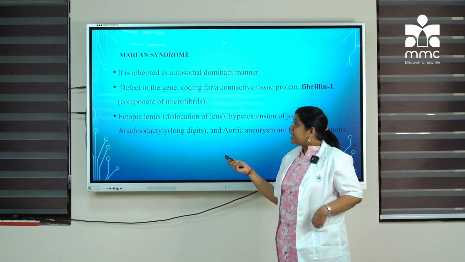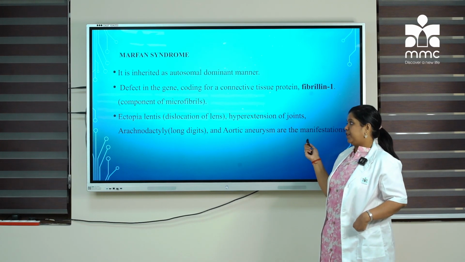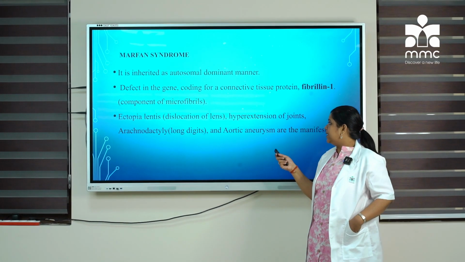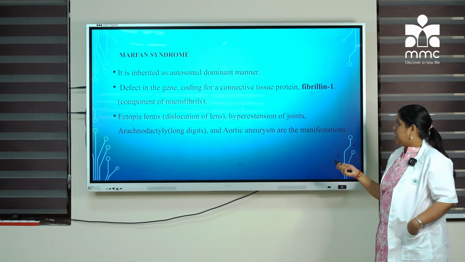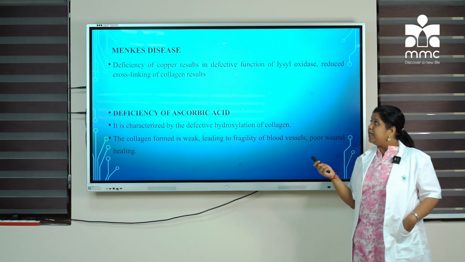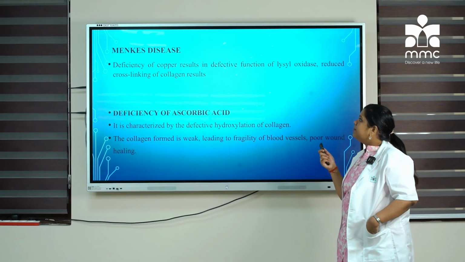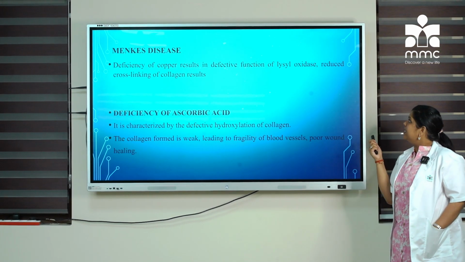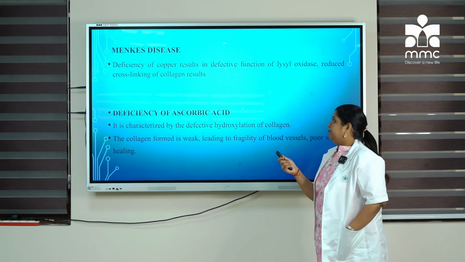It is characterized by ectopia lentis and hyperextension of the joints, arachnodactyly, long digits, and aortic aneurysm as its manifestations. Then coming to Menkes disease, it is due to the deficiency of copper, which results in defective lysyl oxidase, which reduces the cross-linking of the collagen.